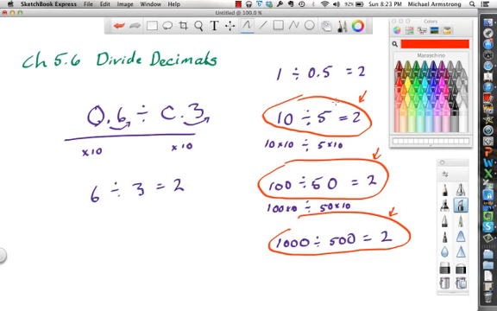Now it might be just a coincidence that our quotient has been 2 on everything on this page. In fact, I think it is a coincidence because I didn't really plan this problem out to surprise you with this magic number 2.